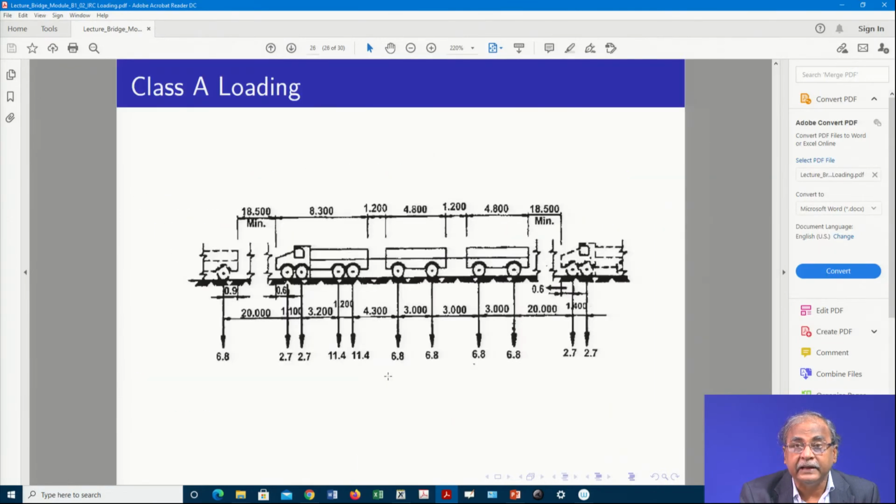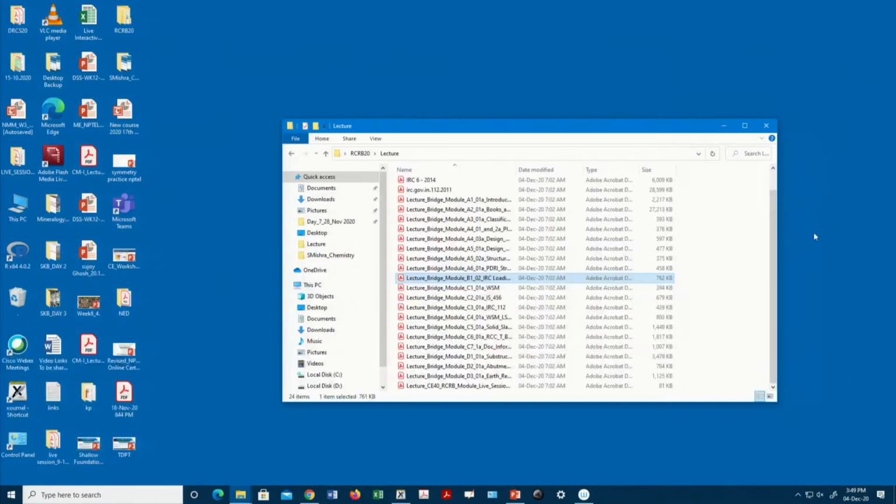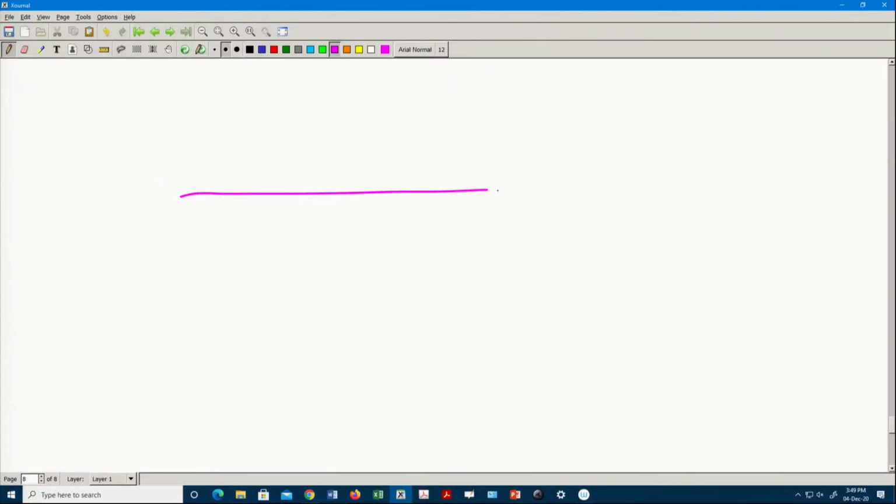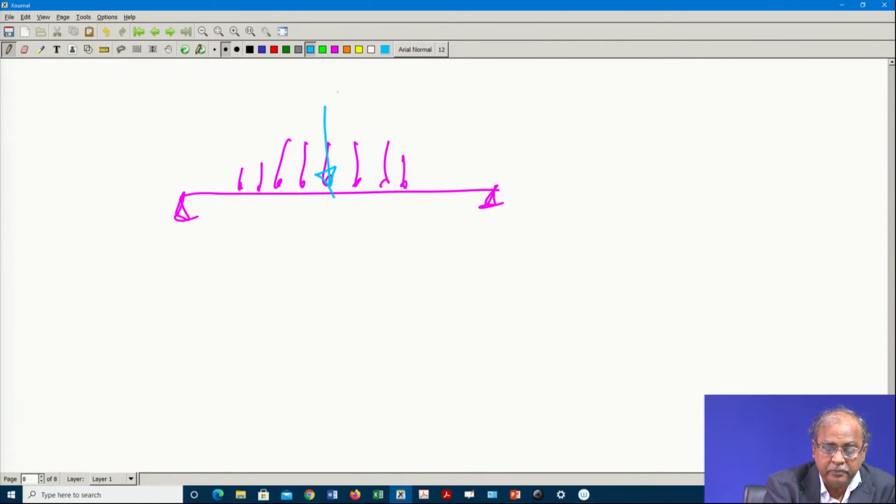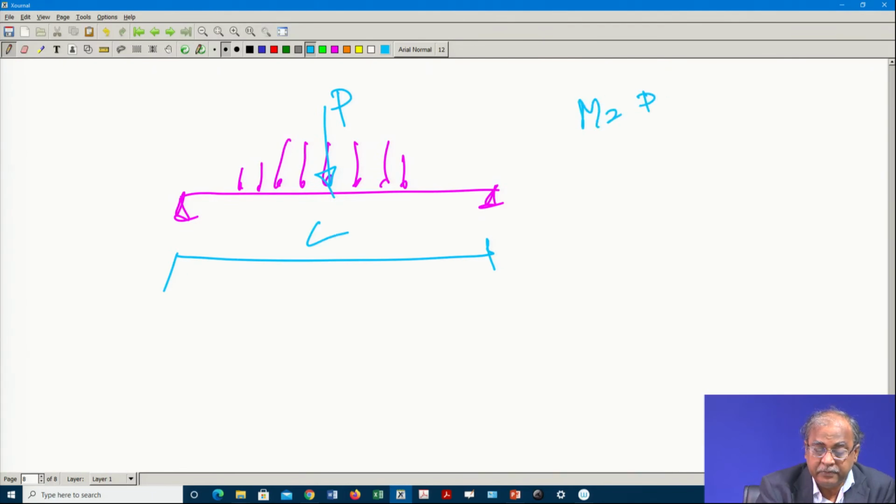On the basis of that we do the calculation manually. If the total load is P, then obviously the moment will be PL by 4. Just to give you an idea, whatever load is coming, if we take it as a concentrated load P here and this span is L, then M will be PL by 4, that is 0.25 PL.